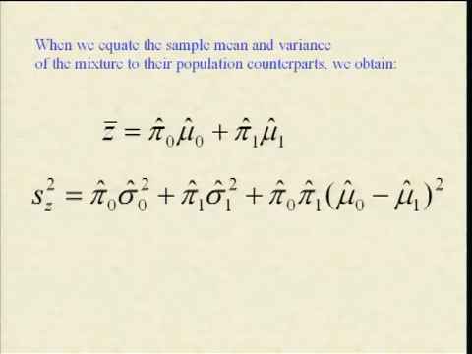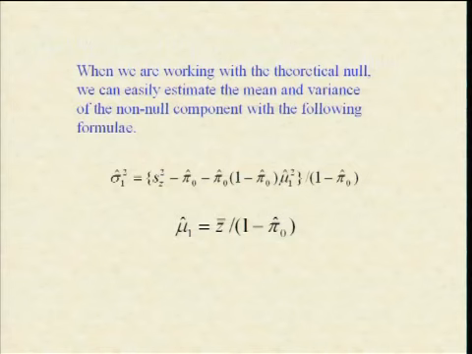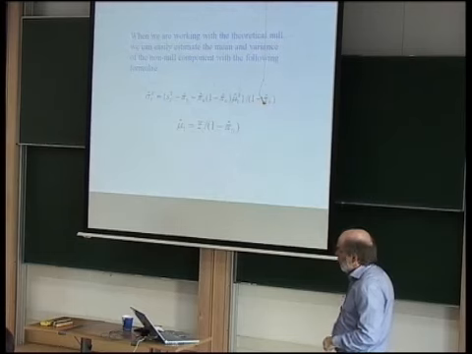So basically, if you know what pi naught hat is, then sigma 1 hat squared and mu 1 hat are given automatically. So there's really only the one unknown parameter you've got to estimate, a crucial parameter, pi sub naught, because once pi sub naught is known, the others come out.